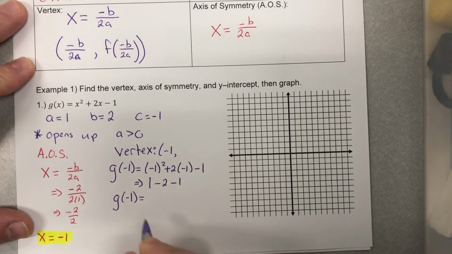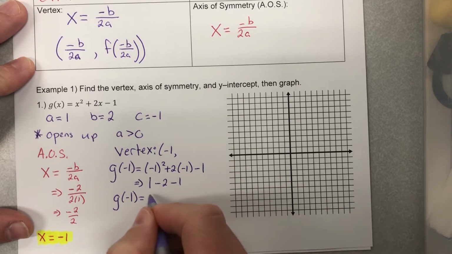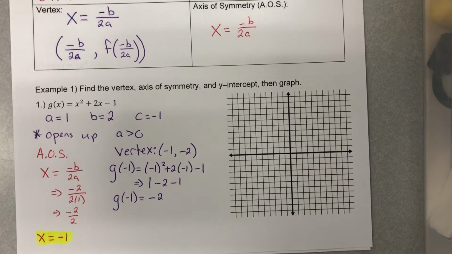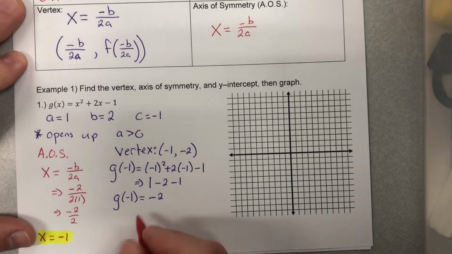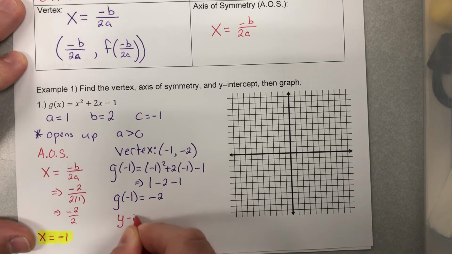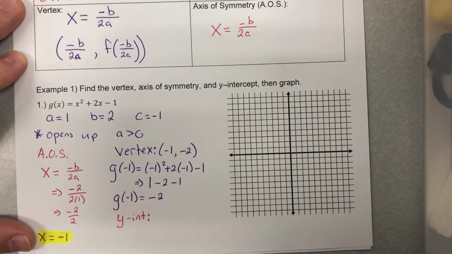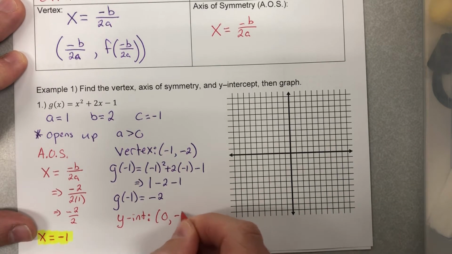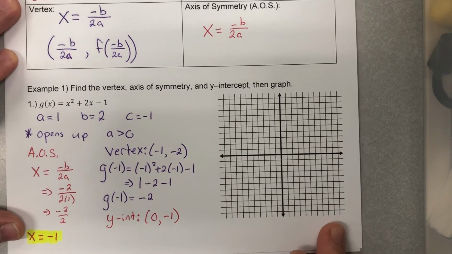So the y-coordinate of my vertex is negative 2. The other important point that I'm going to get here is the y-intercept. The y-intercept is (0, c), our c value, which is (0, -1).